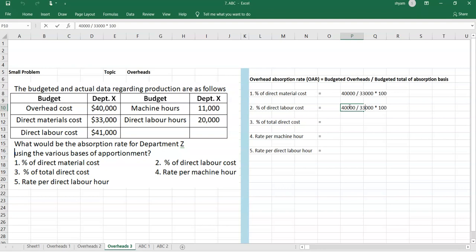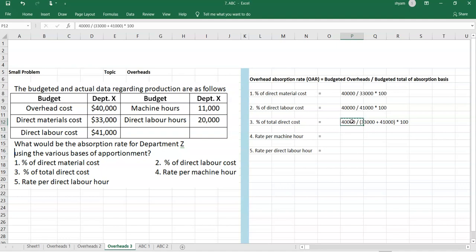Labor cost is 41,000. The next is percentage of total direct cost. The direct material and the direct labor put together are total direct cost.